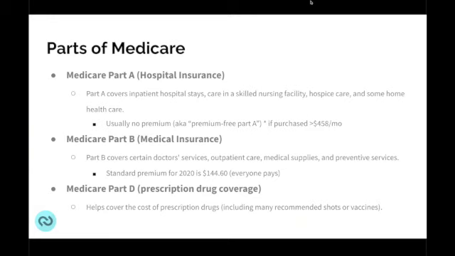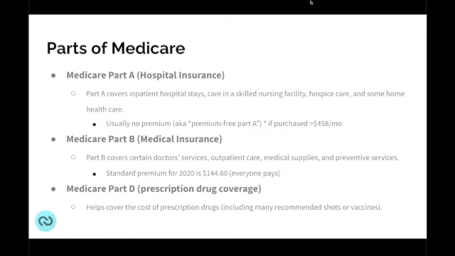But if there is a premium attached to it, then there's varying different costs that are associated depending on your background, your income status, and things like that. And those range all the way up to $458 a month. But again, for the most part, in general, most participants, Part A is no cost.